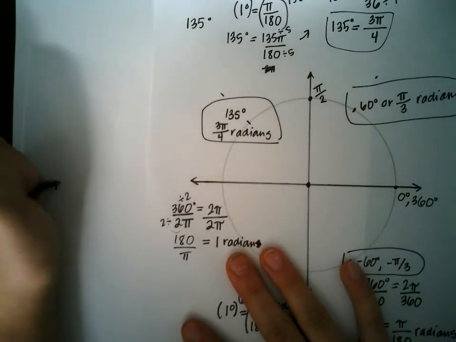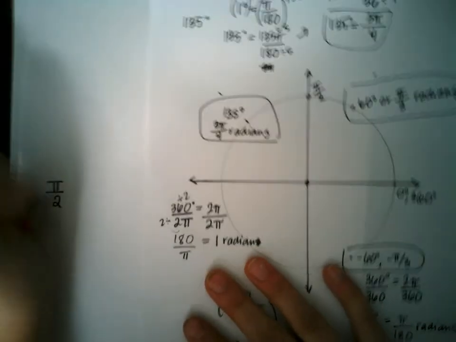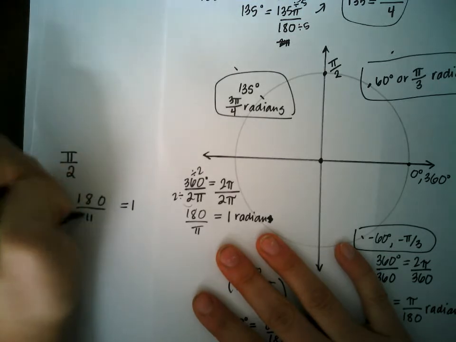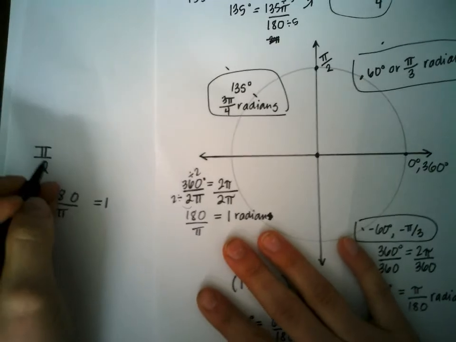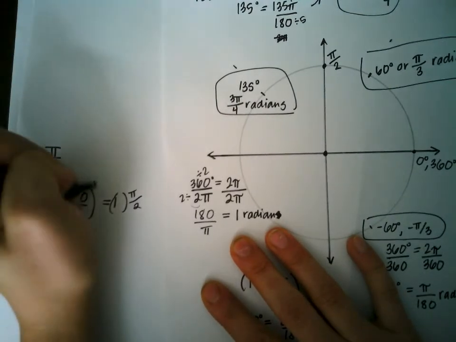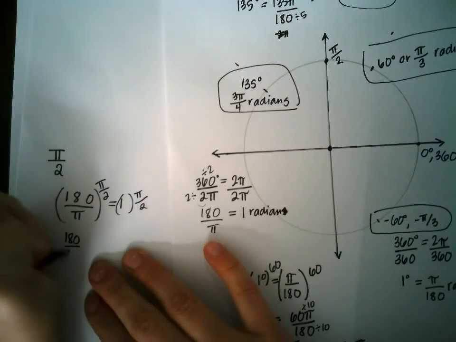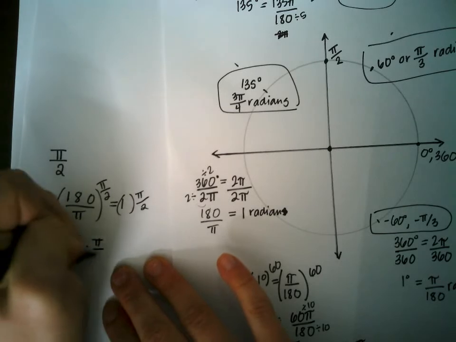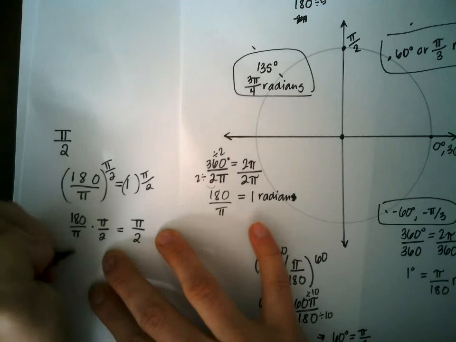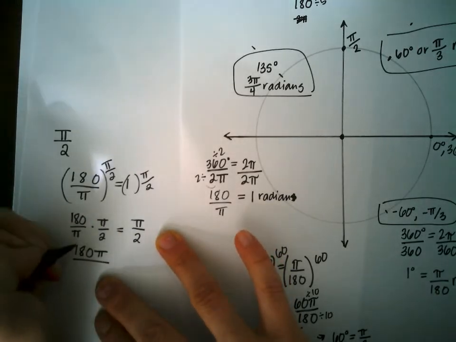So I'm going to take pi over 2, and I know that 1 radian is equal to exactly 180 over pi degrees. So I'm going to figure out how many degrees pi over 2 radians is equal to. So just like last time, I'm going to multiply both sides by what I want to know. So if I have 180 over pi times pi over 2 radians, I end up with 180 pi on top and 2 times pi on the bottom.